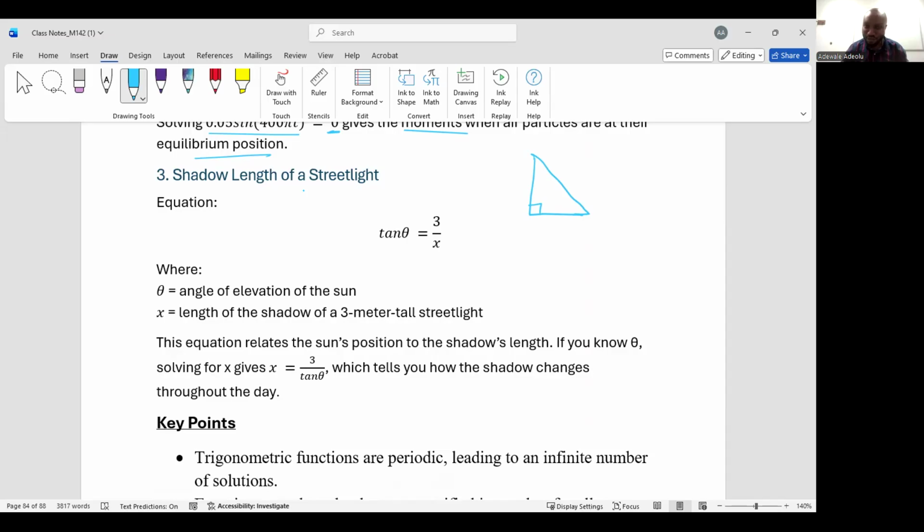So we can model that situation using the tangent function. So in this case, theta is the angle of elevation and x is the length of the shadow of a 3-meter tall street light. So again, we can do some fun stuff with that.